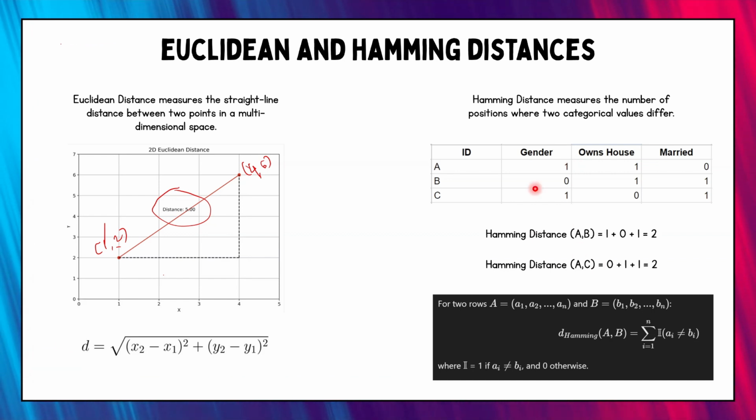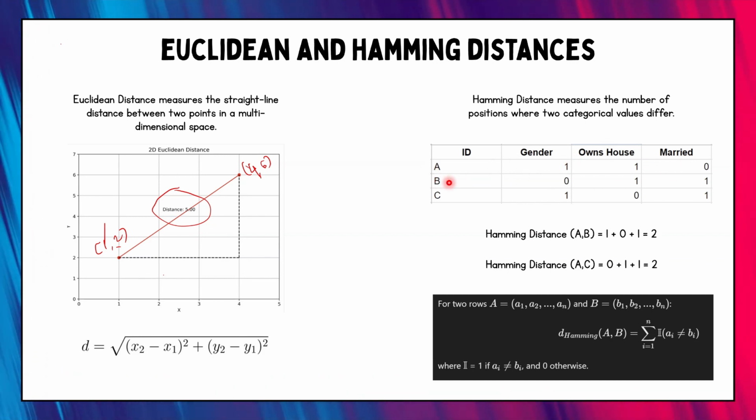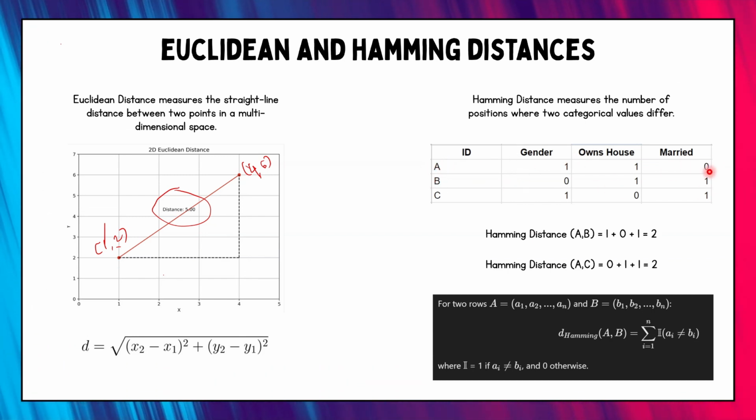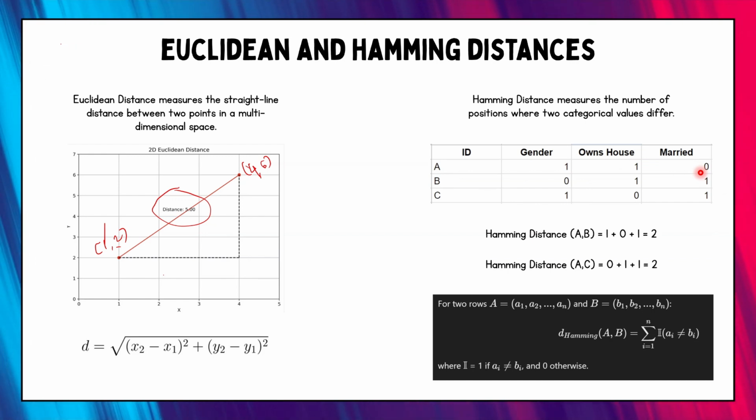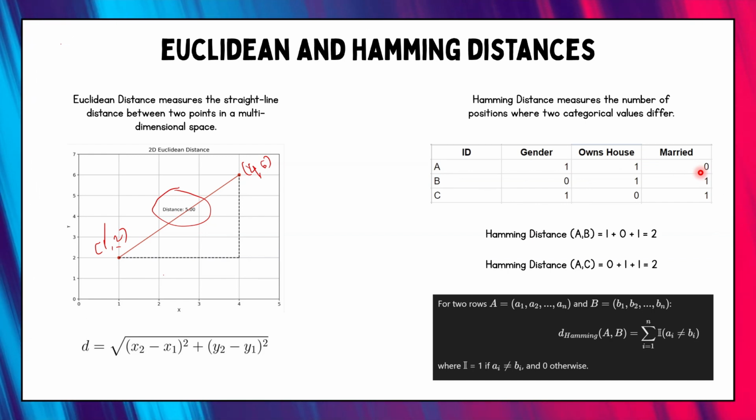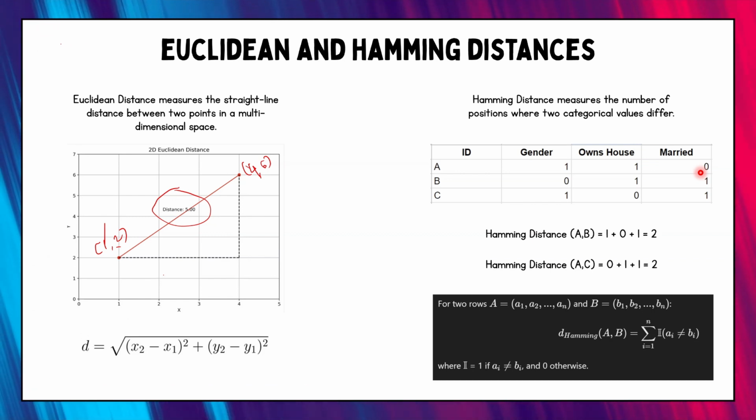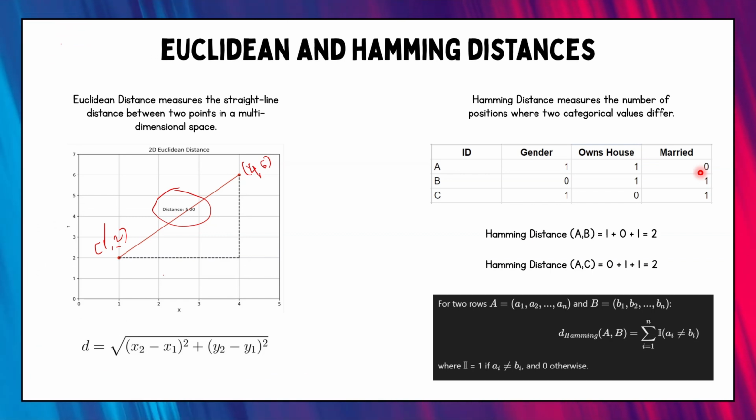Okay. So how do we find a distance between these 2? Say we need to find a distance between A and B. Here the Euclidean distance won't make any sense because these are encoded values, right? These are not continuous numerical values. And even if you want to explain that, how are you going to say that the distance between male and female is 1?